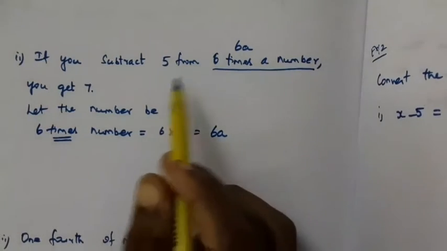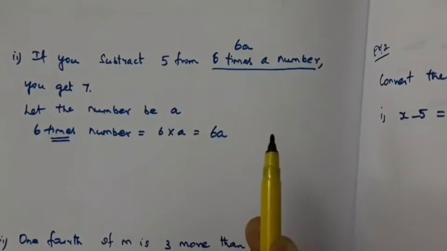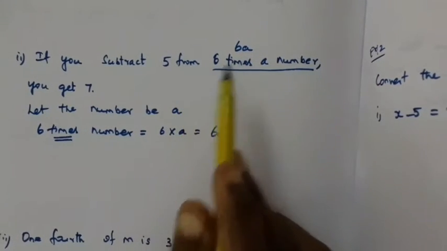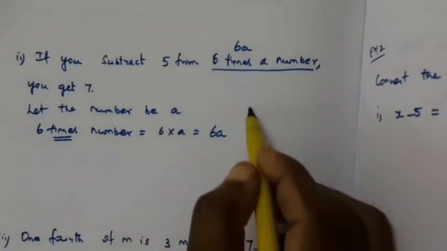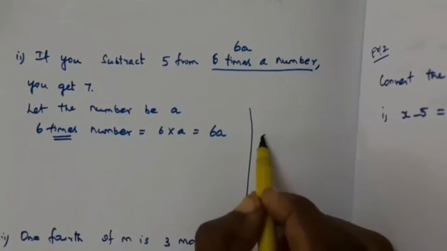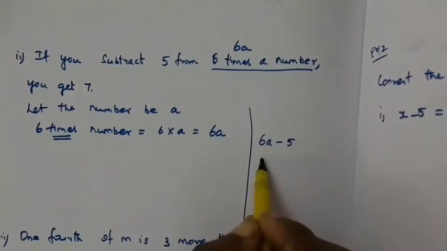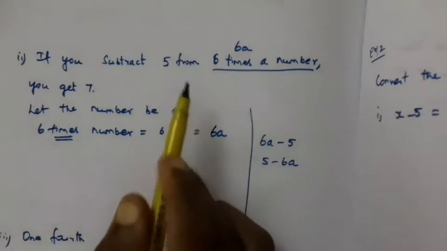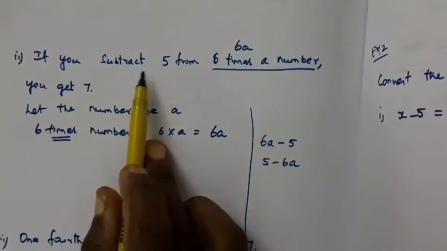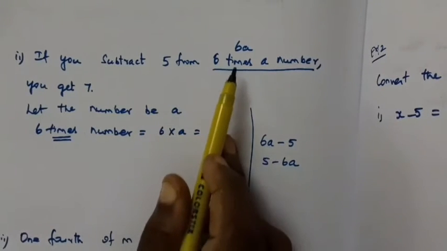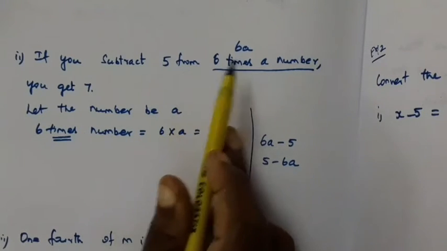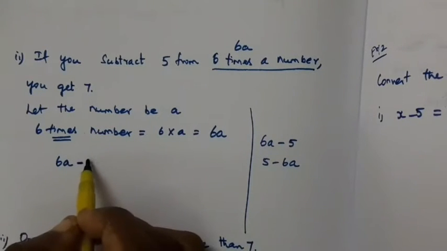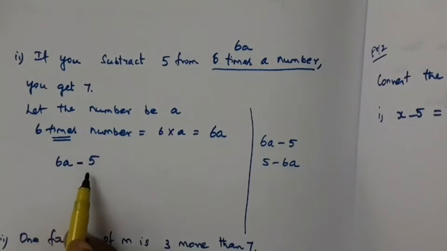Okay, now we are going to subtract this. Always remember, while doing subtraction, whatever comes after from should come in the beginning. Now you will get a doubt whether to put 6a minus 5 or 5 minus 6a, which is correct. If you subtract 5 from 6a, whatever is coming after from, here 6a, should come first. 6a minus 5, this is subtract 5 from 6a.